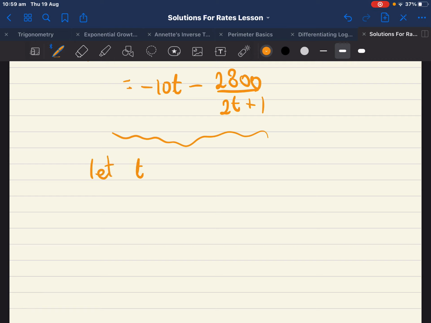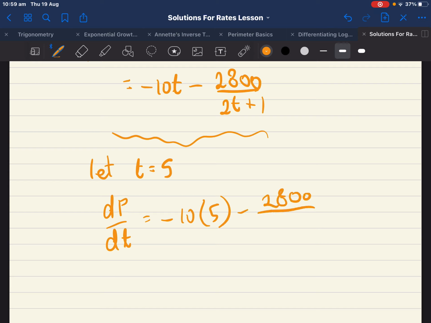So we're going to let t equal 5. I believe we were using p. So the rate of this population decrease will just be minus 10 times 5 minus 2,800 all over 2 lots of 5 plus the 1.